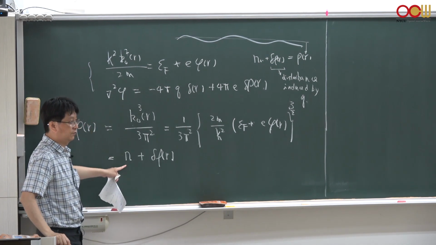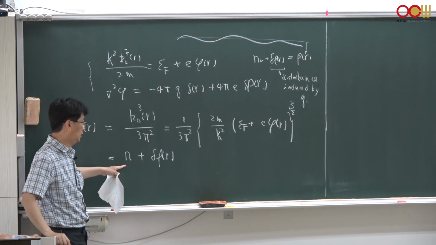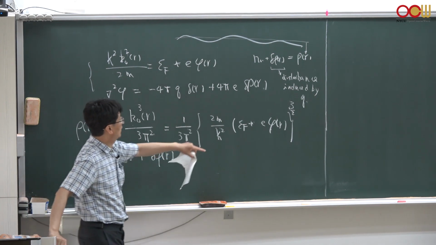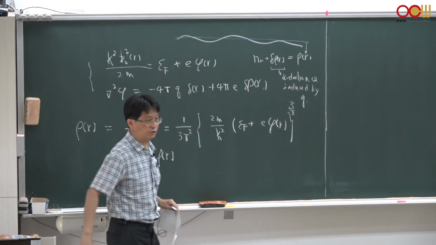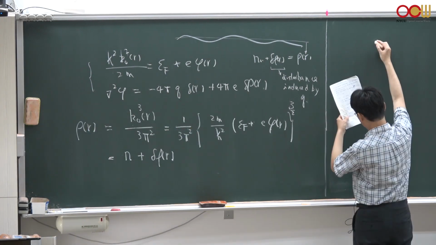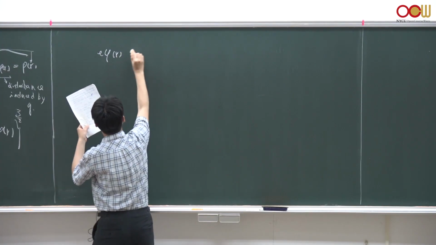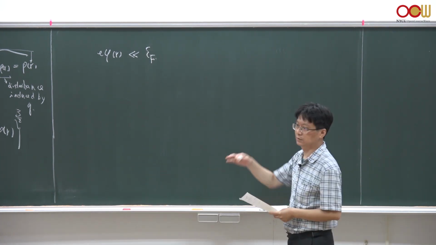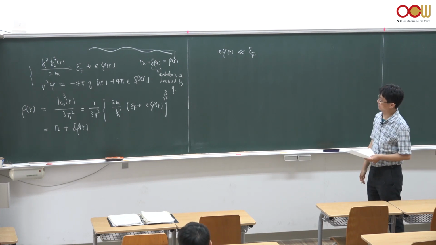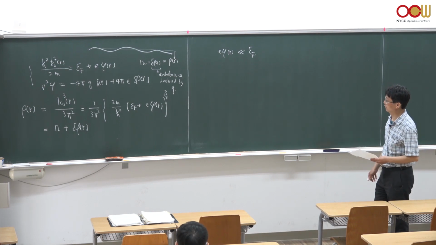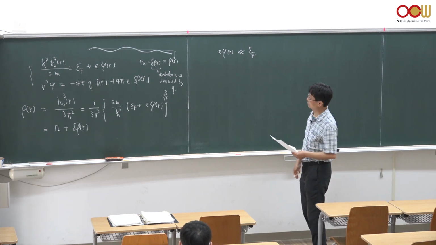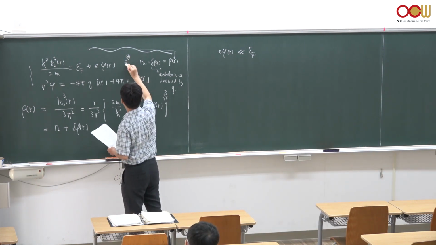Here n refers to the constant charge density given by the free electron gas, and delta rho comes from the disturbance induced by the test charge Q. Under the assumption that this e psi is a small disturbance compared to the Fermi energy, this net electric potential is really small compared to the Fermi energy because of the small charge disturbance induced by the test charge Q. This is Q and delta rho.